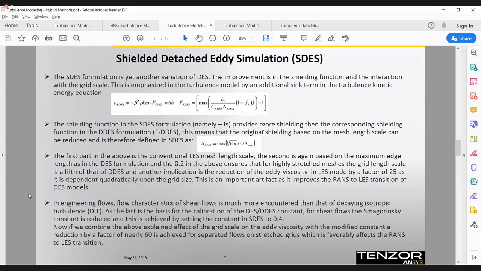In the past few years in here it's shielded detached eddy simulation, which is another improvement, which is supposed to shield the boundary layer, and again no resolution.